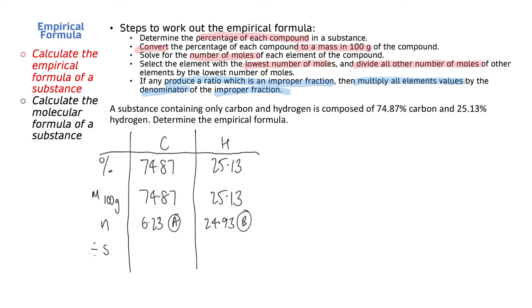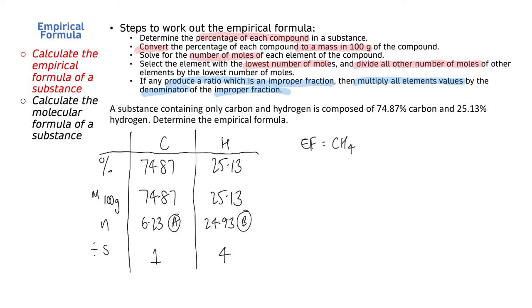So this 6.23 over 6.23 is going to be 1, and the 24.93 divided by 6.23 is going to be 4. Okay, so the empirical formula then of this substance is CH4. That's the simplest whole number ratio of that particular substance. All right, and so that's very likely to be methane.